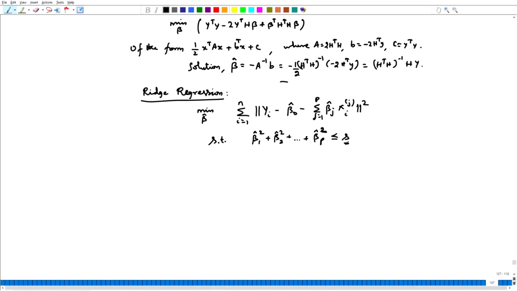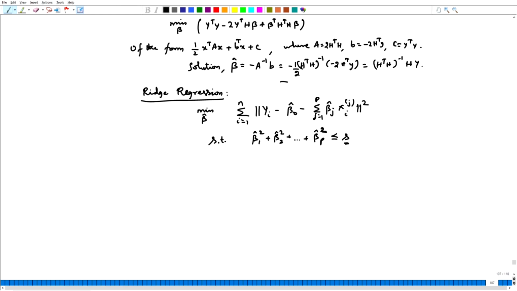Ridge regression accomplishes this, but for a particular value of s, not for any possible value of s. It reduces the variance by introducing some bias. That is the purpose of ridge regression.